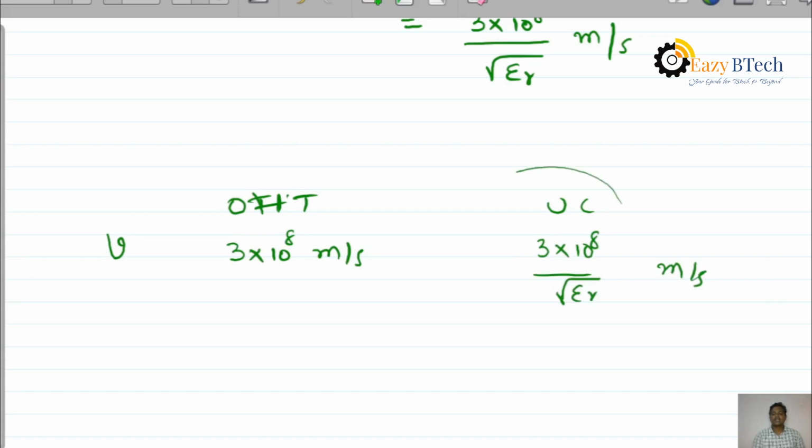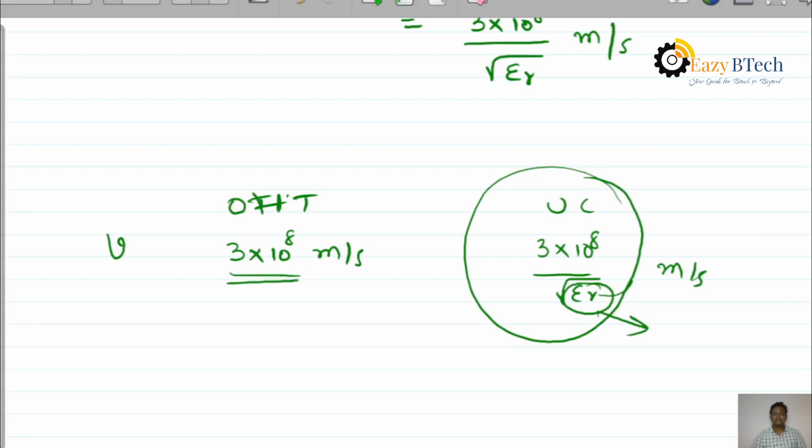Then it is clear that in underground cables, the velocity of propagation depends upon the relative permittivity of the insulating material. In overhead transmission system, it is directly the speed of light. In underground cables, it depends upon the type of insulating material.